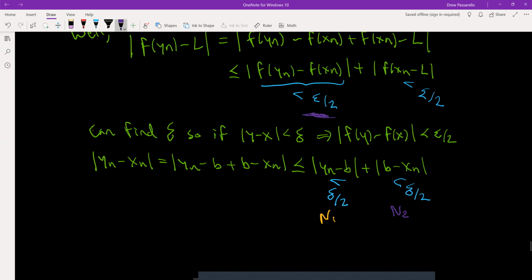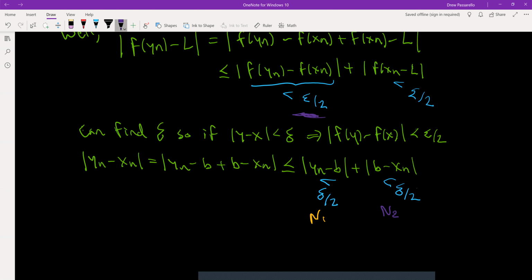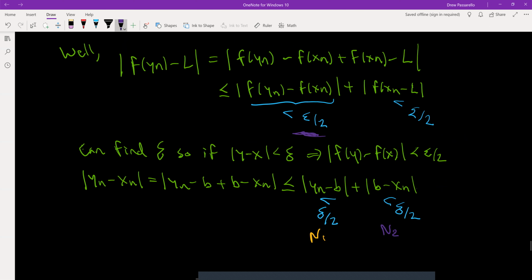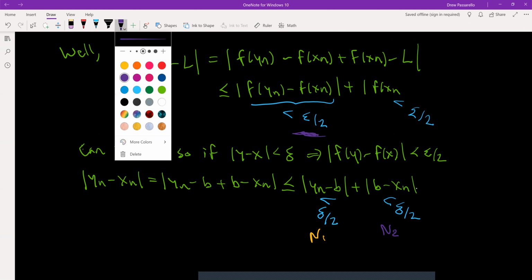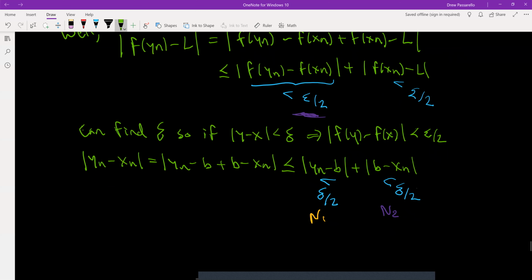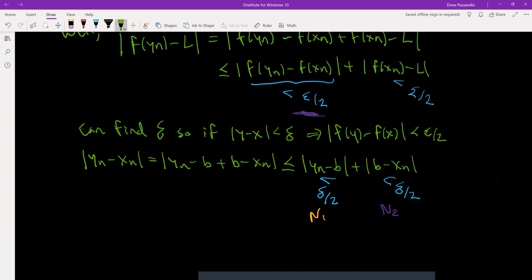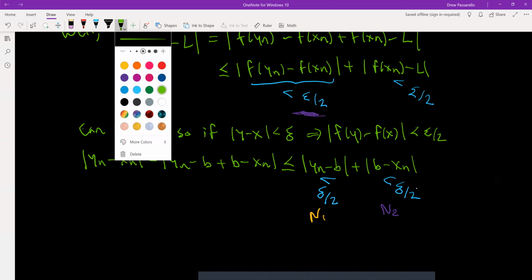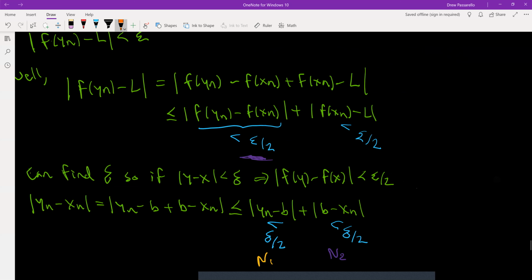Now we also need a third capital N, where we know so that f of xn minus L is less than epsilon over 2. Okay, so then we need a third N, and I'll use orange.